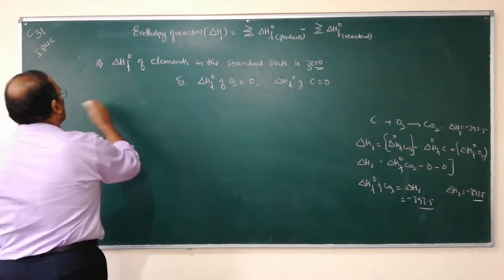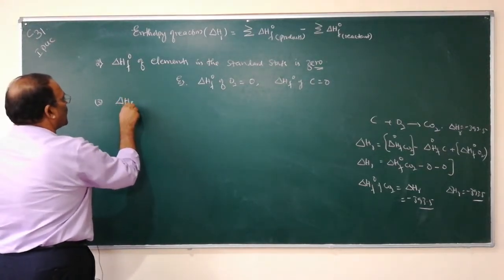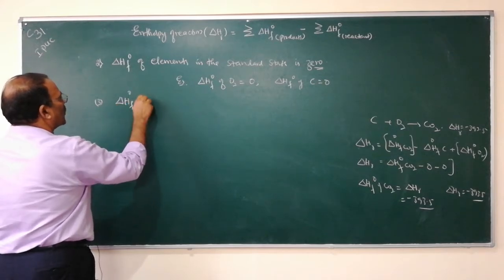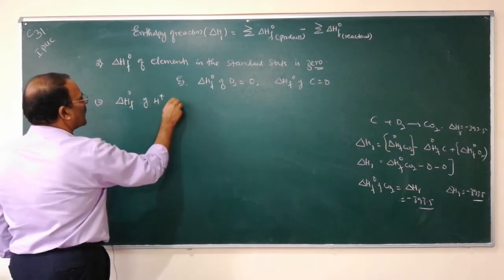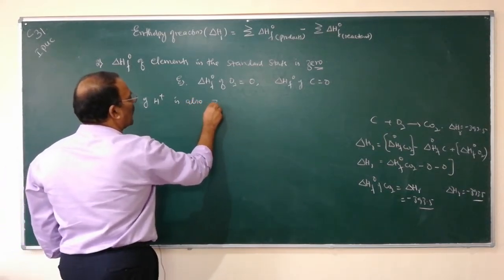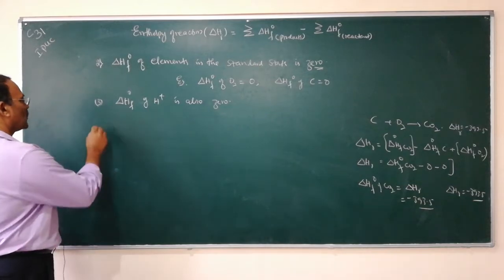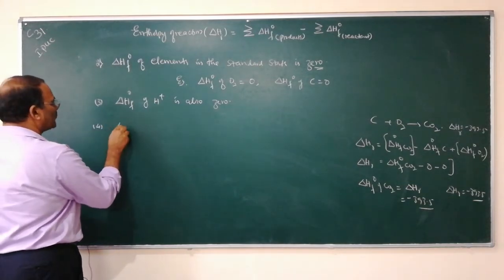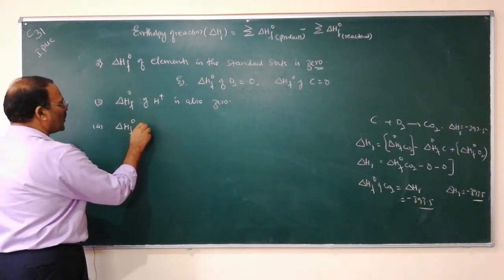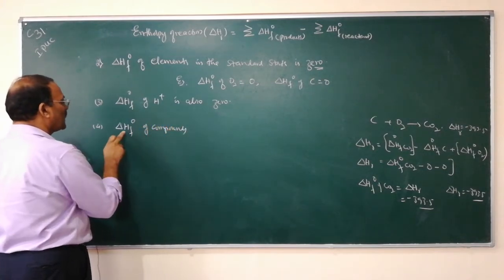This is point number 2. Point number 3, similarly, delta HF naught of hydrogen ions is also 0. Point 4, delta HF naught of compounds. What is the meaning of this one?